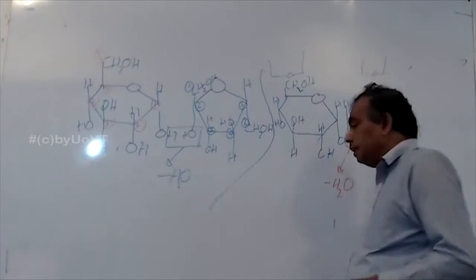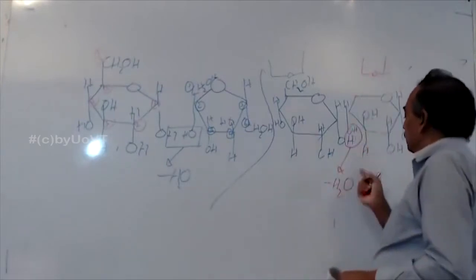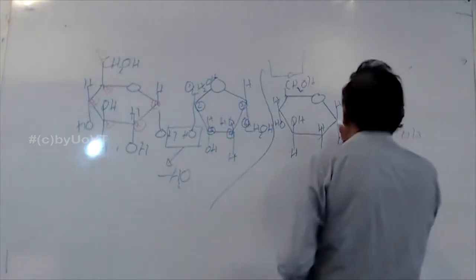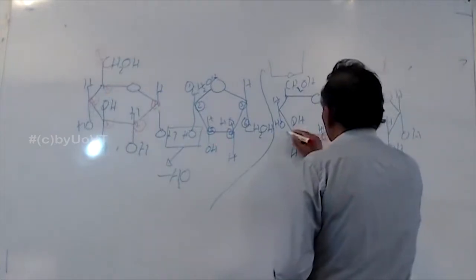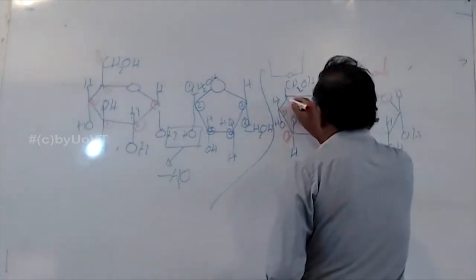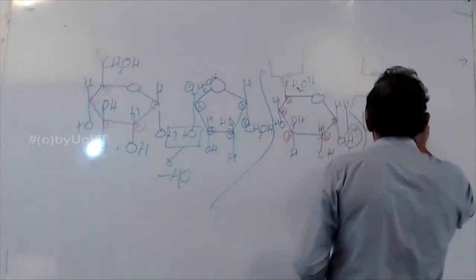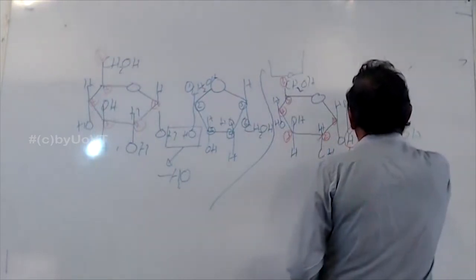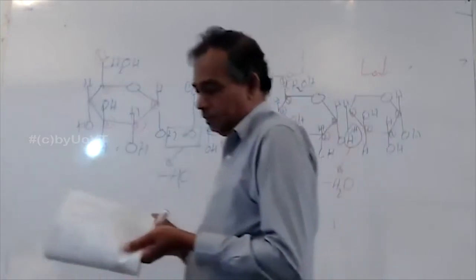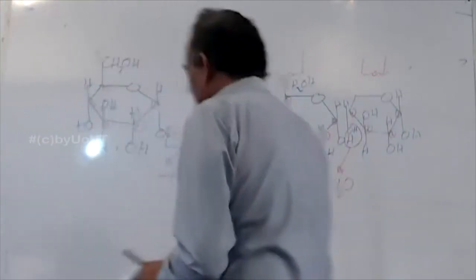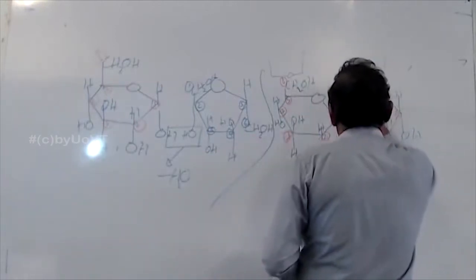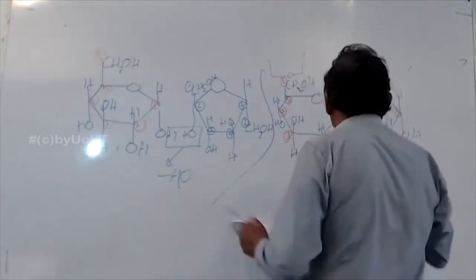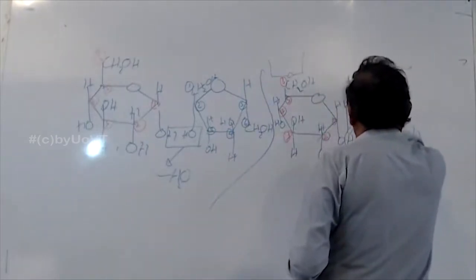Carbon numbers are 1, 2, 3, 4, 5, 6 and here 1, 2, 3, 4, 5 and 6.